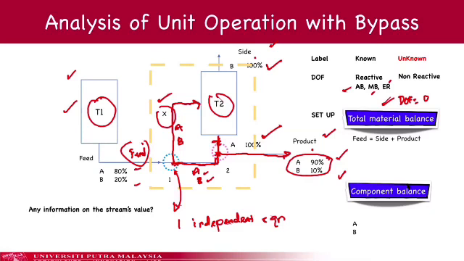Is there any way to make sure that the DOF can be 0? If there is any information on the stream values, then you can proceed with the calculation and put it into your equations. If there is none, then you can go with a basis. You can set up a basis equation.